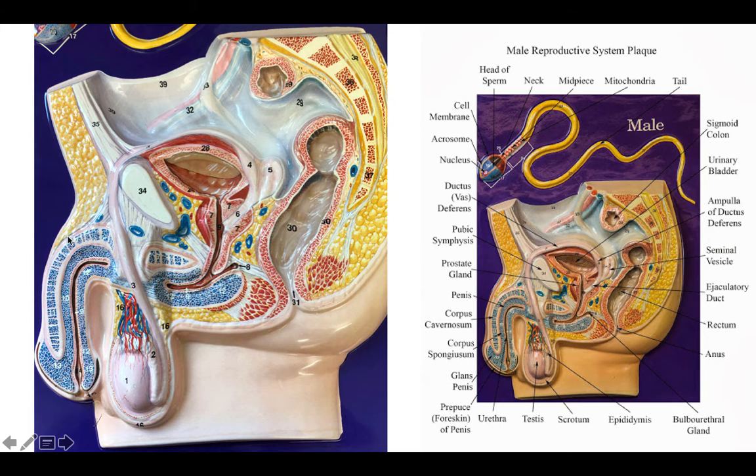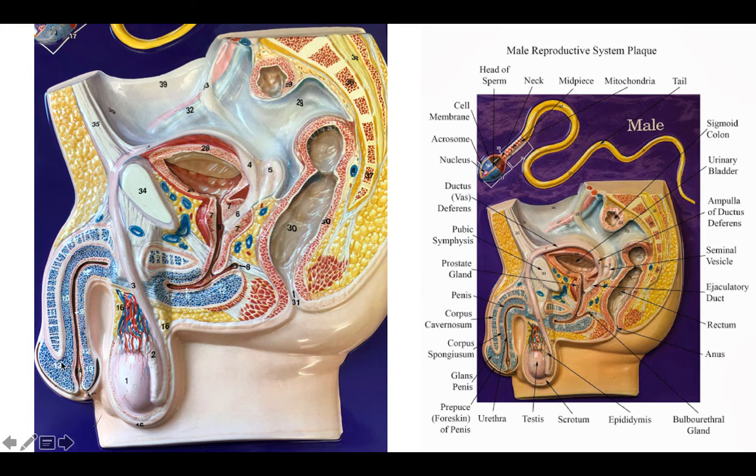But again, here is the corpora cavernosa, and then here is going to be the corpus spongiosum. Sorry, because corpora is going to be the plural. So each one is the corpus cavernosum, and together they're called the corpora cavernosa, sorry. And then you have the corpus spongiosum. The corpus spongiosum here is going to surround the spongy urethra.